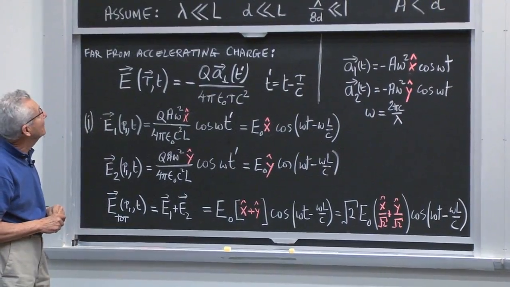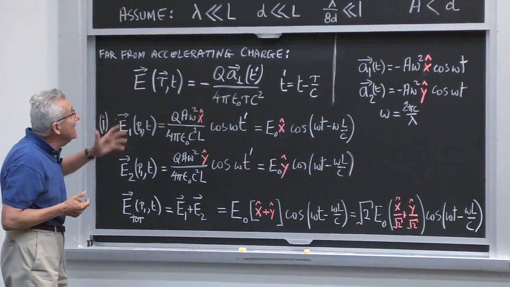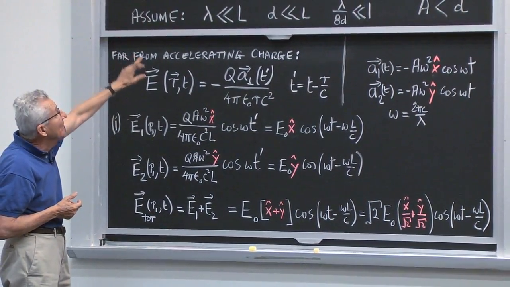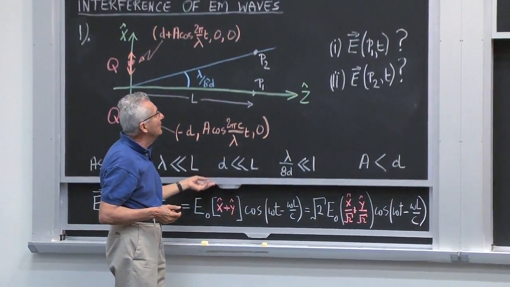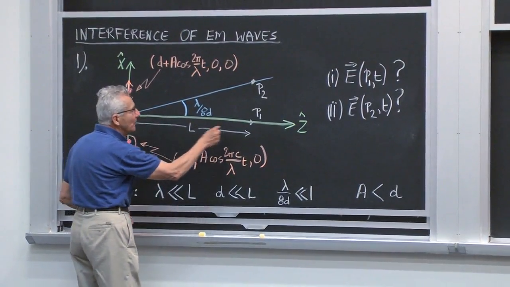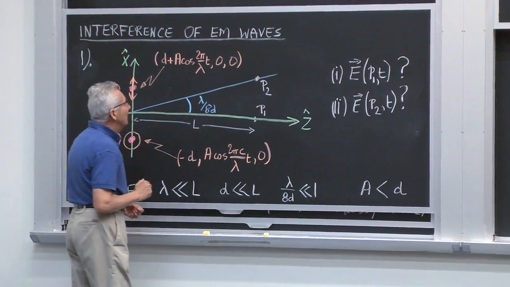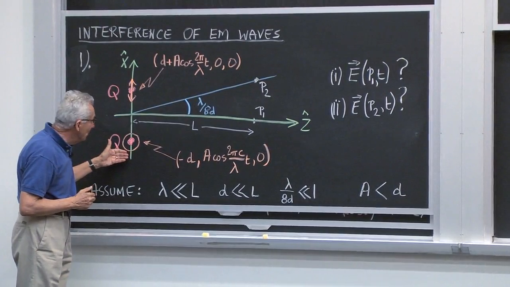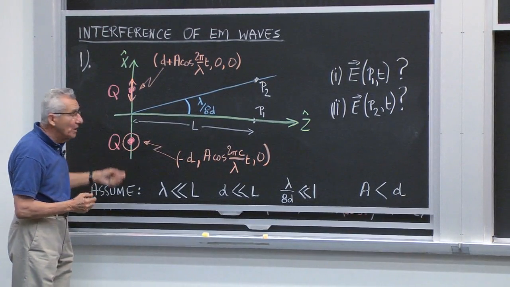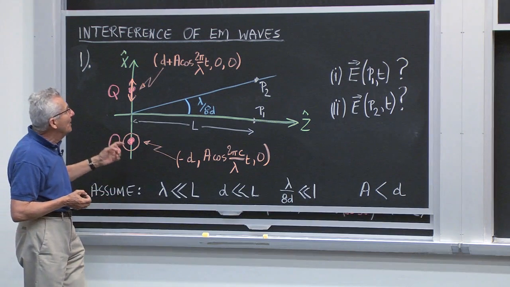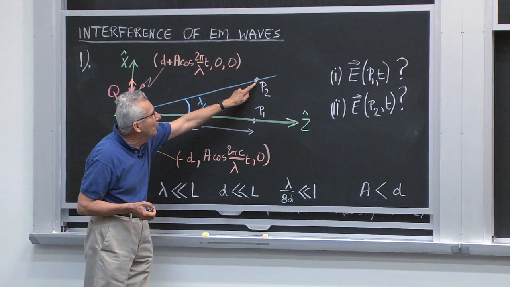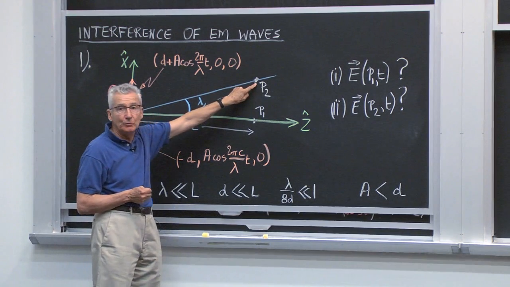which I've done. Now I want to take the same geometry, but calculate the electric field at a different point. Now I want to take the same situation, two sources oscillating coherently, but look at the electric field at the point P2.